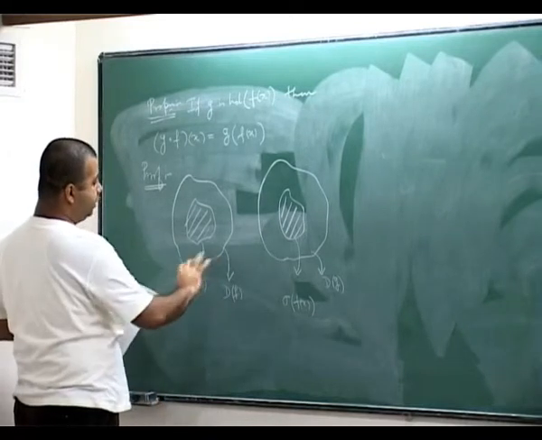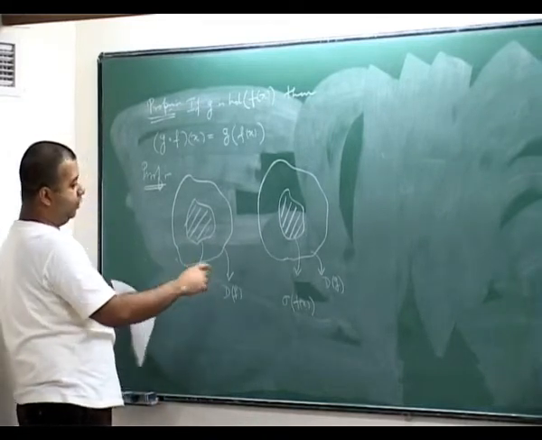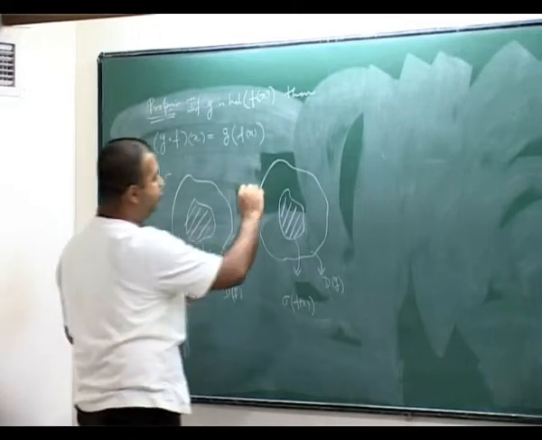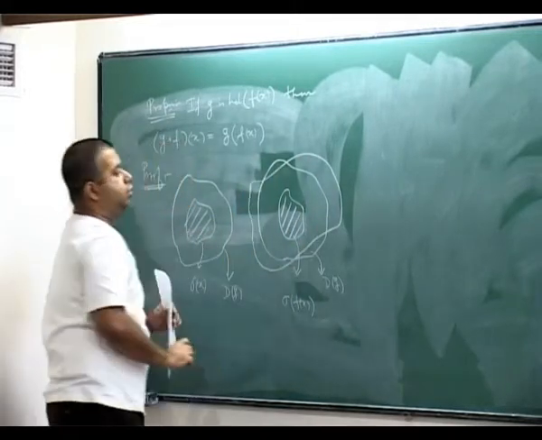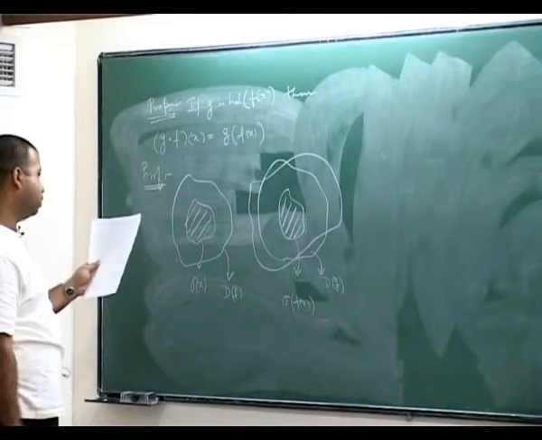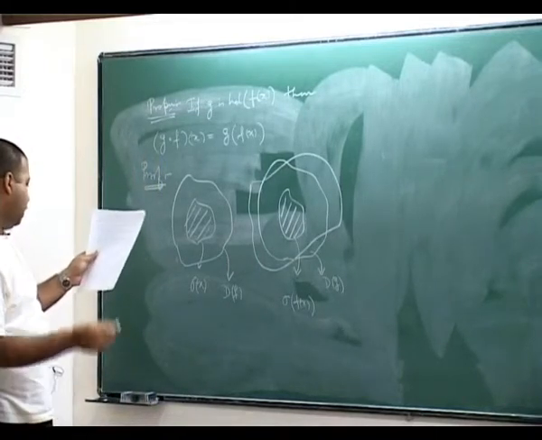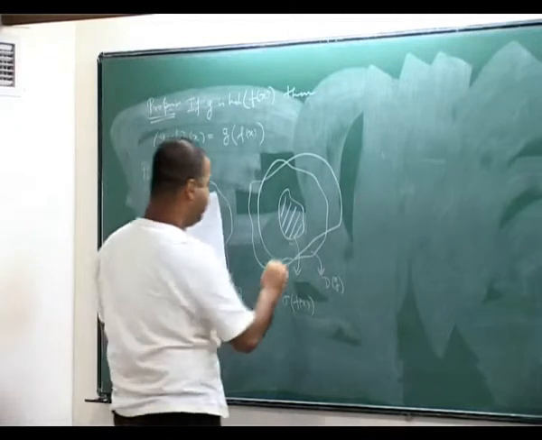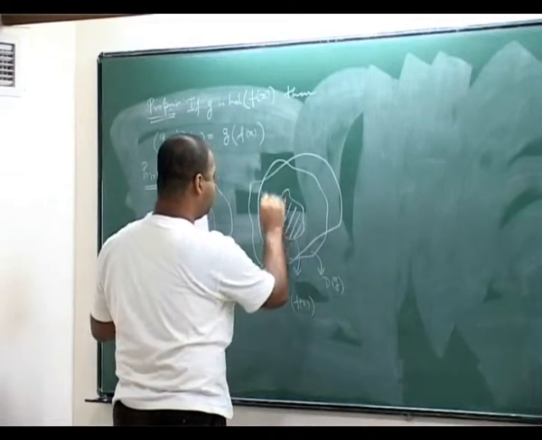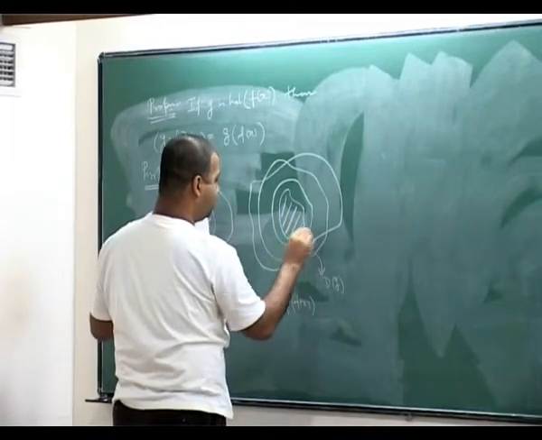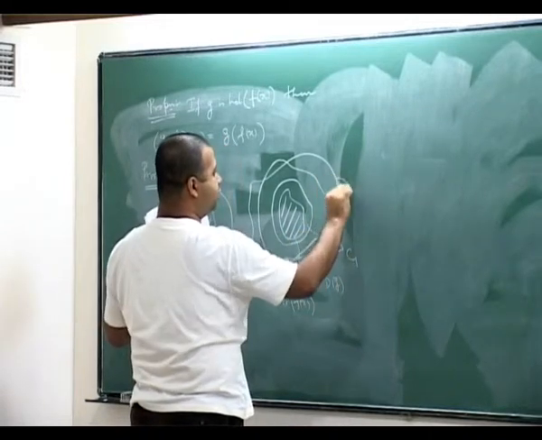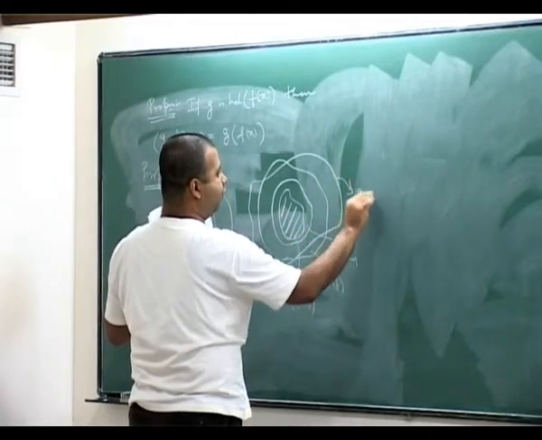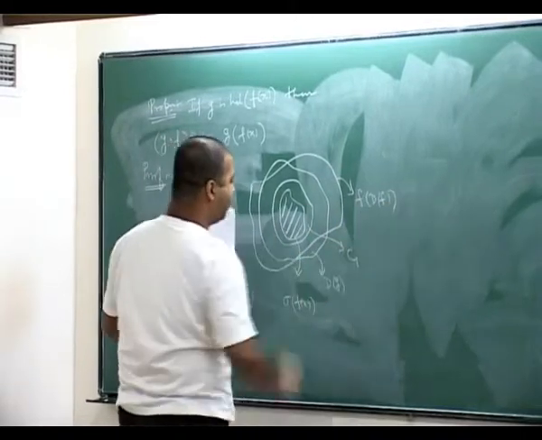And of course, as f is holomorphic, f of this is another open set containing this. So you would draw a curve, this set is f of domain of f.